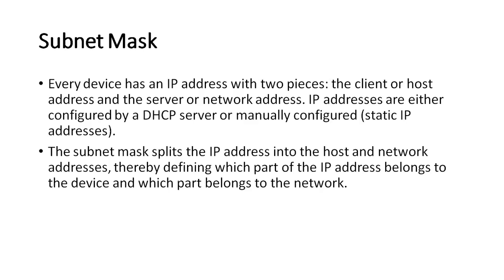There is another definition: the subnet mask splits the actual IP address into host and network address, thereby defining which part of the IP address belongs to the device and which part belongs to the network. So this is the subnet mask. In simple terms, we can say subnetting is the practice of dividing a network into two or more networks.